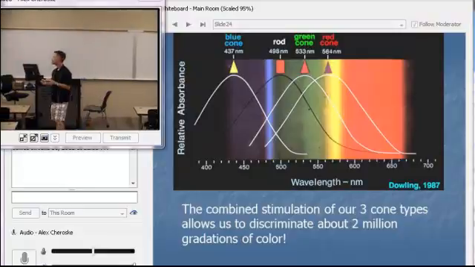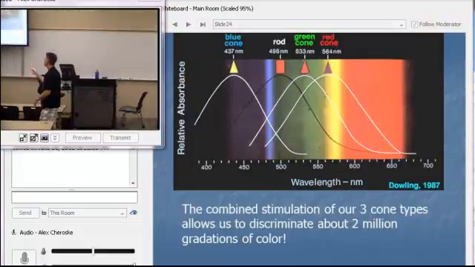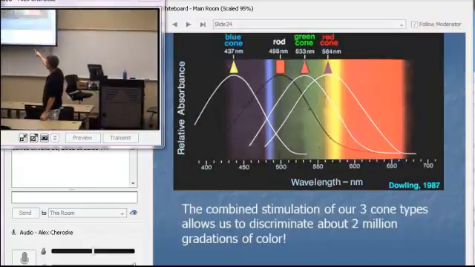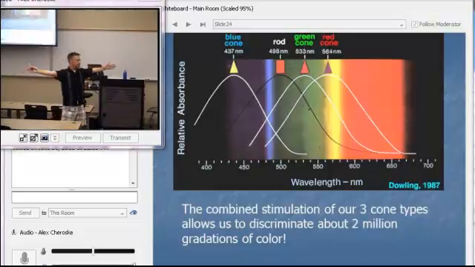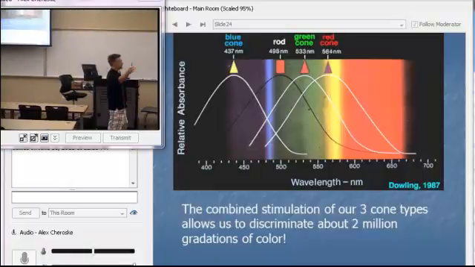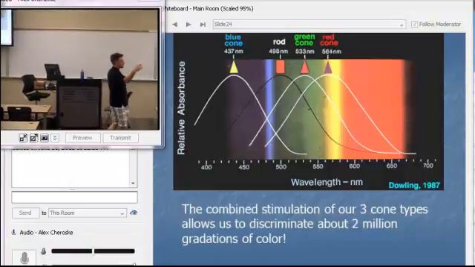On the x-axis of that graph, you can see it goes from 400 to 700 nanometers. That's our range of what humans call visible light. Now, we said that things like lizards and fish and bugs can actually see beyond that.